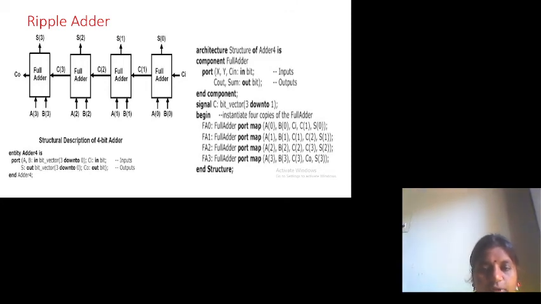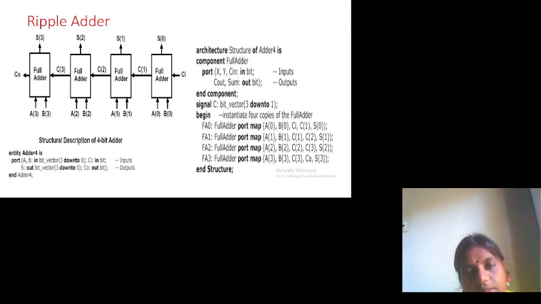For the first full adder I have given A of 0 and B of 0 as inputs, Ci carry in as input, and the outputs of the full adder are sum S of 0 and carry 1, C of 1.